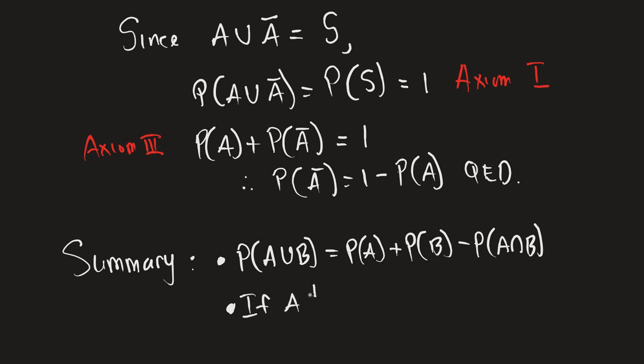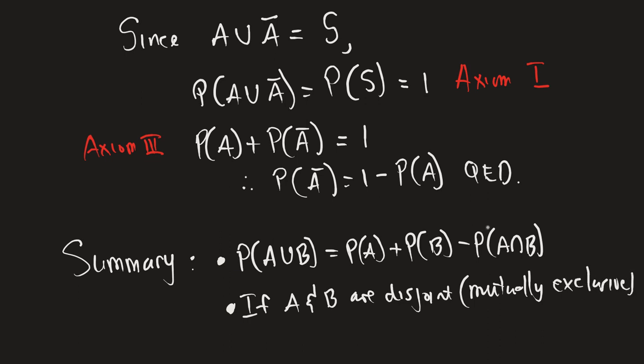If A and B are disjoint or mutually exclusive, meaning they have no elements in common, like they don't overlap, then since they have no elements in common, this probability here would be 0.